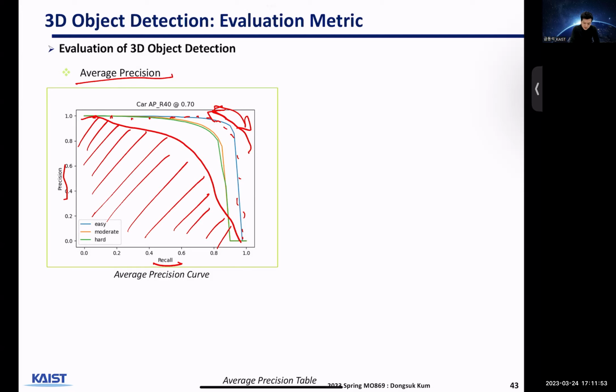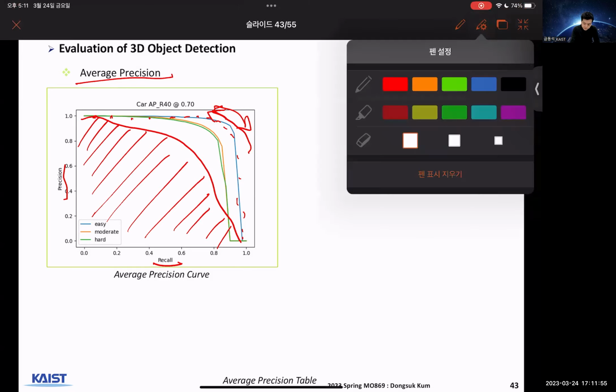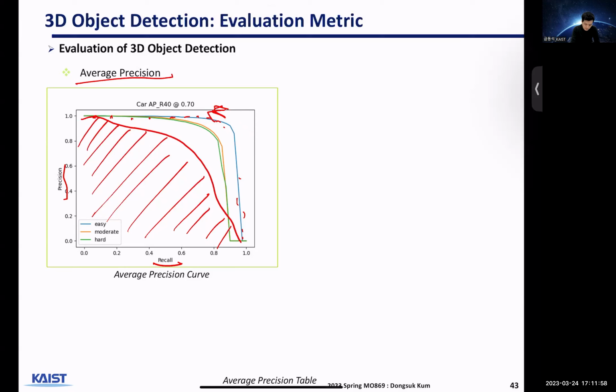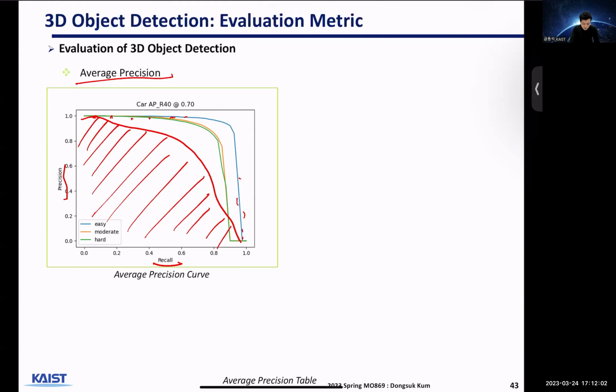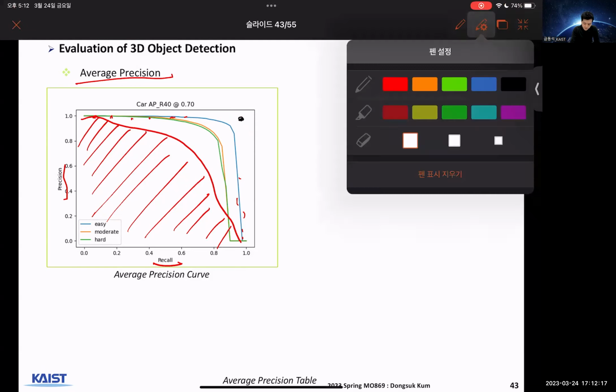And the idea is that when you have a perfect prediction model, then you will be able to reach this point, which is utopia, right?